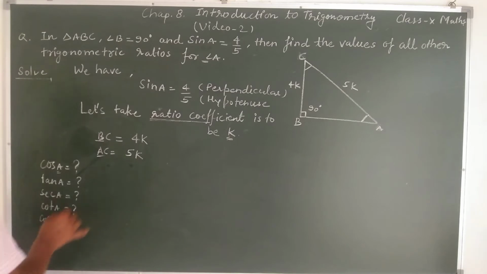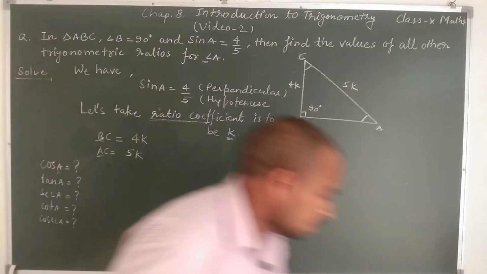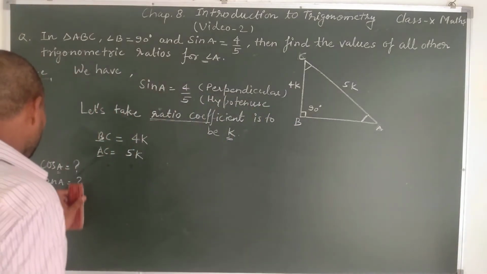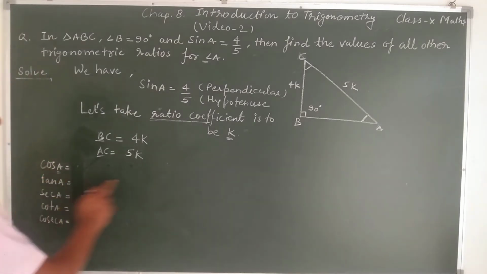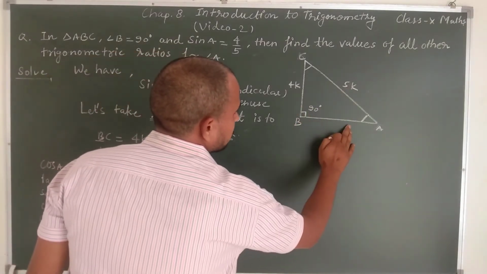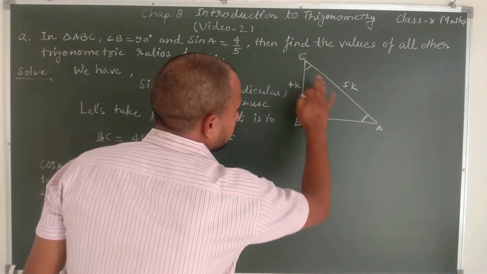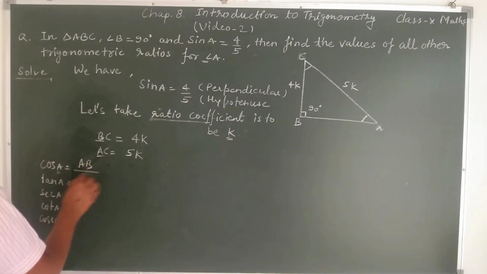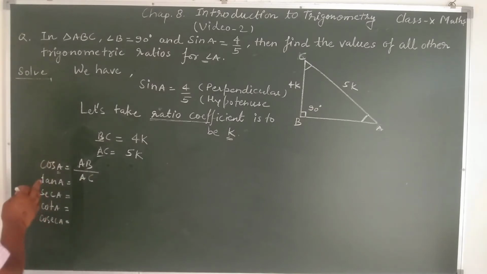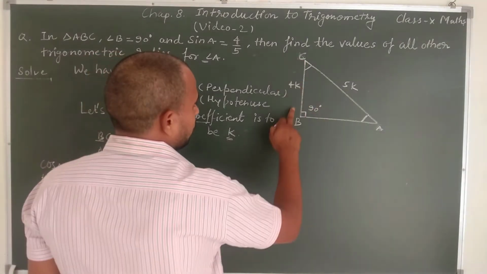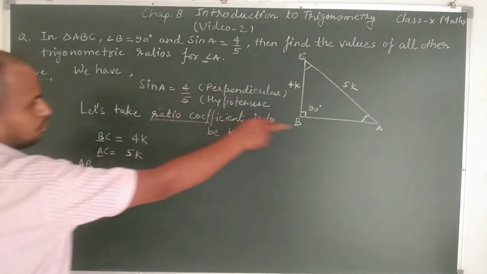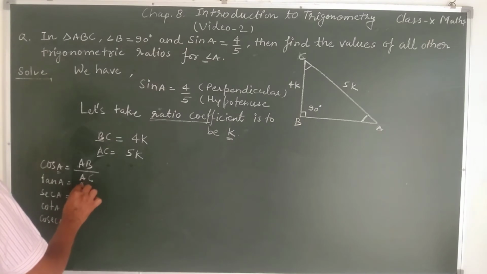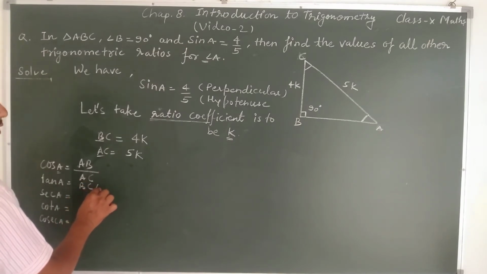First of all, cos A is base upon hypotenuse, base AB upon AC. Tan A is perpendicular upon base, BC upon AB.